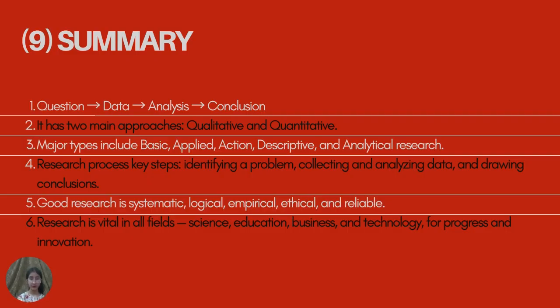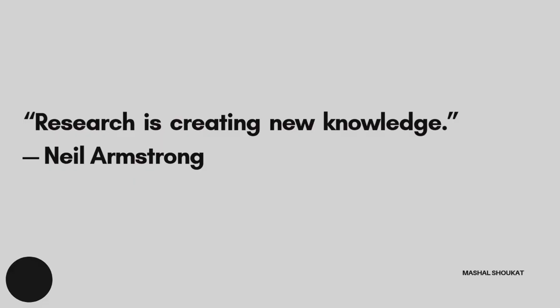The fourth one is the research process, key steps: identifying a problem, collecting and analyzing data, and drawing a conclusion. Good research is systematic, logical, empirical, ethical, and reliable. Research is viable in all fields. It can be in sociology, science, it can be in tech, business, any field. Research is part of it. Research is creating new knowledge.